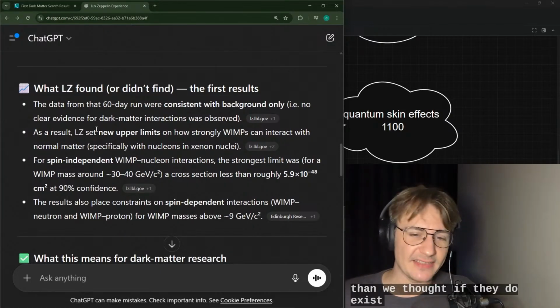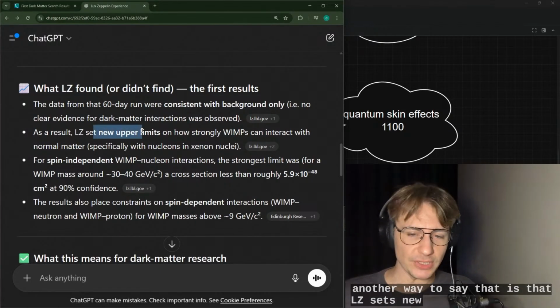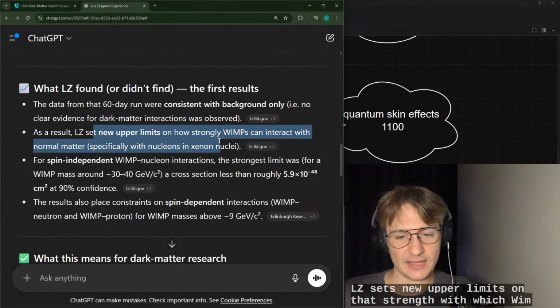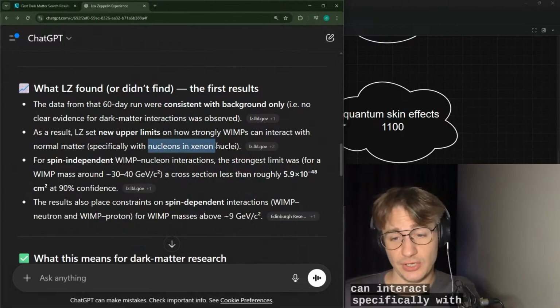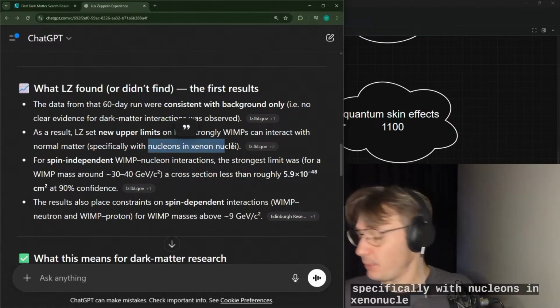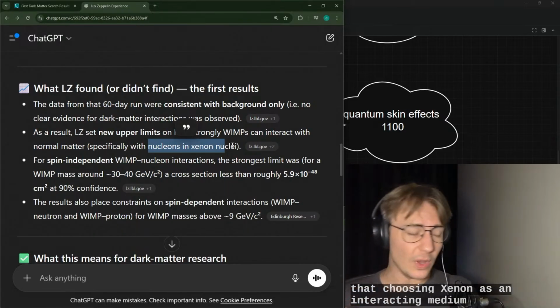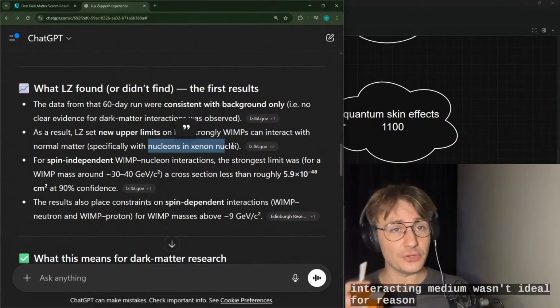Another way to say that is that LZ sets new upper limits on the strength with which WIMPs can interact, specifically with nucleons in xenon nuclei. It's possible that choosing xenon as an interacting medium wasn't ideal for reasons we don't know.